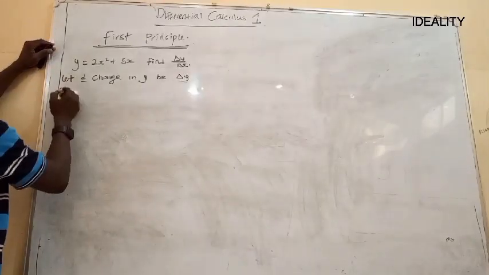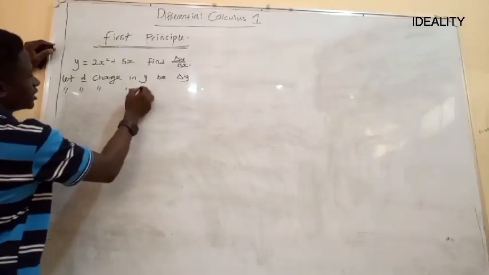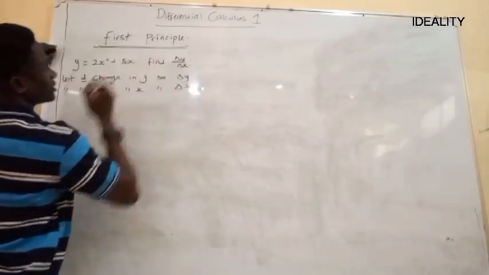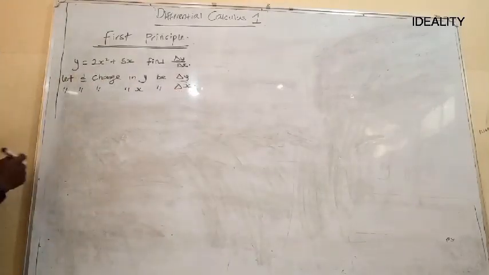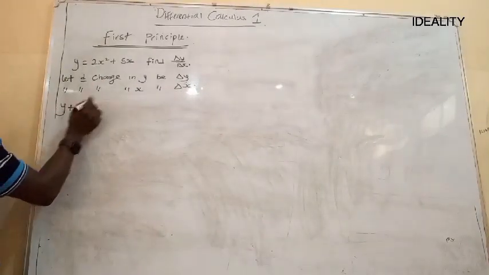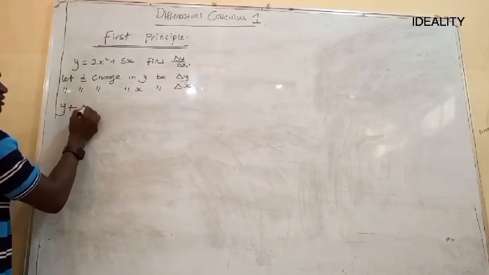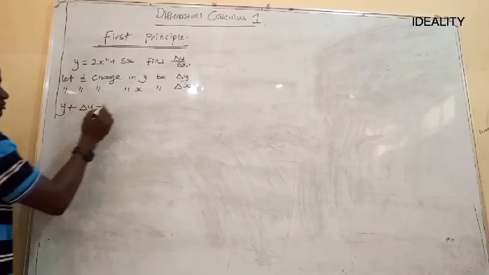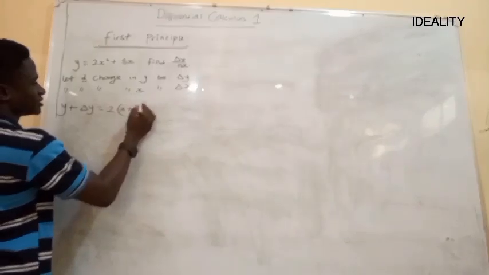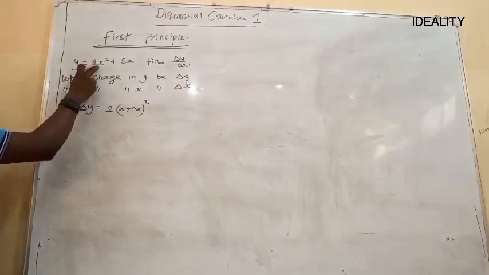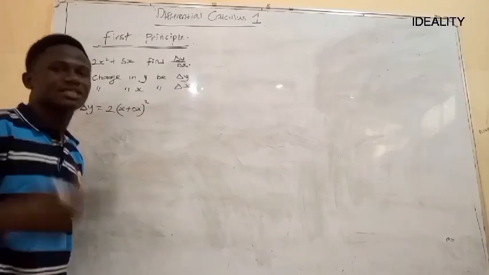That's how we have been doing. Let the change in x be theta x. So we have theta y and theta x to both sides of the equation. So we have y plus theta y is equals to 2 open brackets x plus theta x squared. Anywhere I see x, I'll change it to x plus theta x.